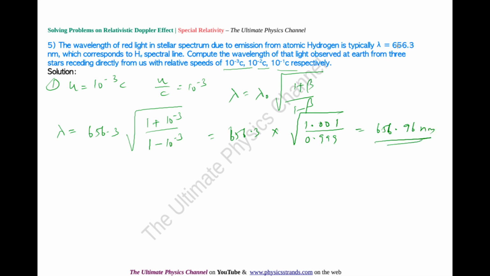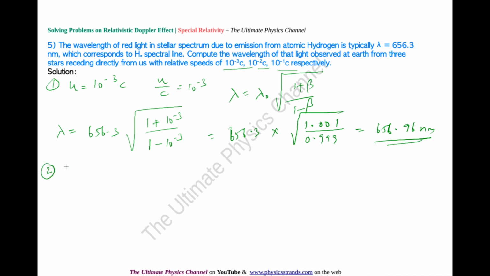So the original 656.3 goes to 656.96 nanometers. That is an increase of 0.66 nanometers in wavelength. So that is clearly redshifting, because wavelength is increasing towards the larger side. So it is a redshifting of the wavelength as the star recedes away from us.